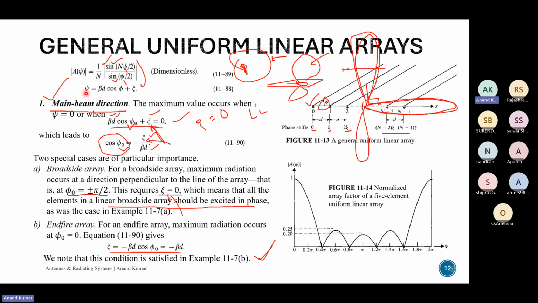So this gives beta d equals minus xi, or xi equals minus beta d. This gives us the expression for the amount of phase shift that we must give in the array elements so that the main beam direction of an end fire array is towards one of the ends.